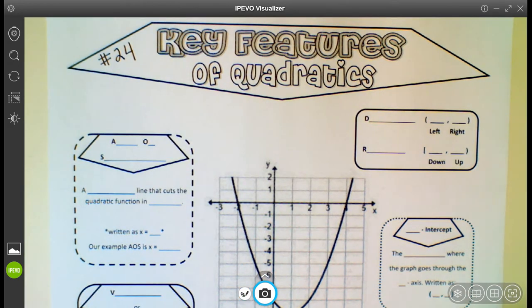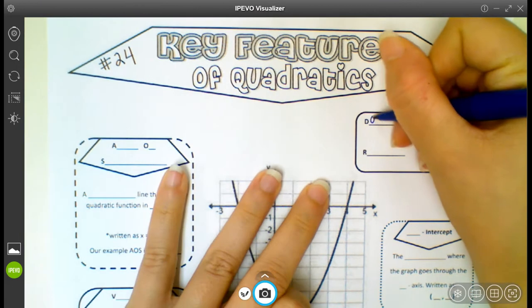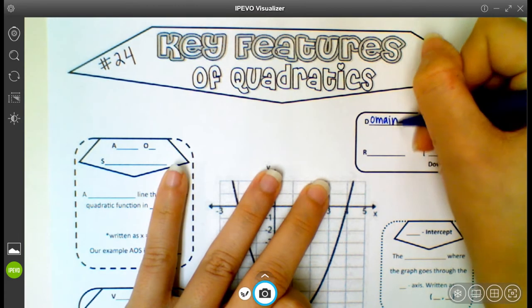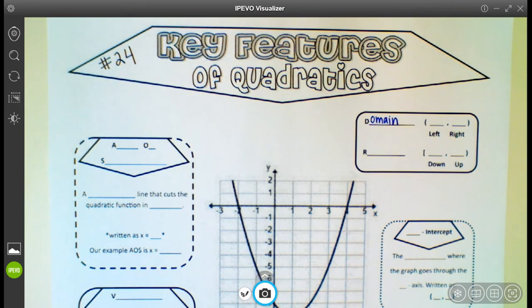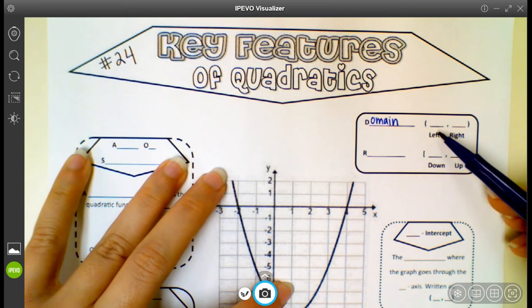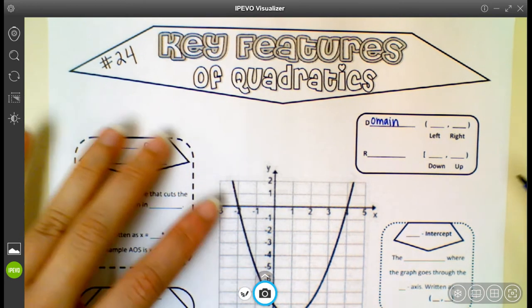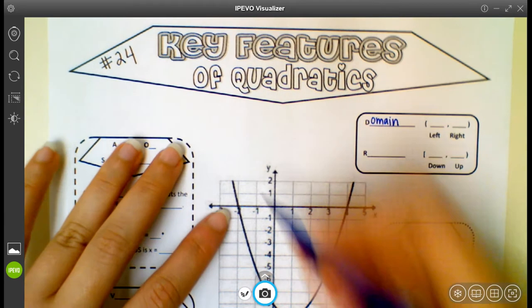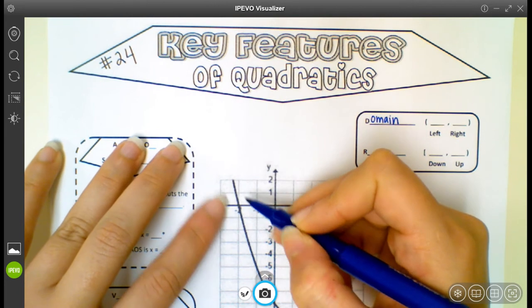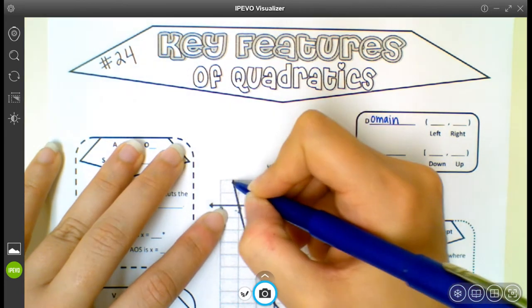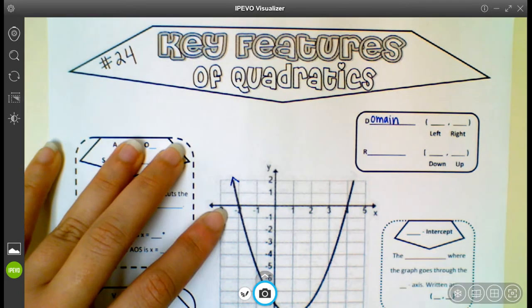And for that U shape, we have a couple of things we want to identify, such as the domain. The domain is how far left the function goes to how far right the function goes. According to this U shape, this branch over here is the far left, and that left just keeps going and going.